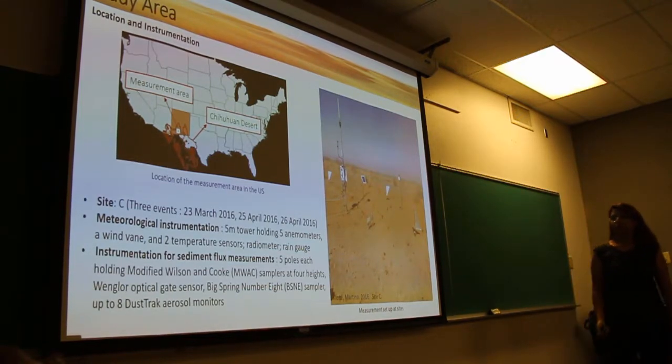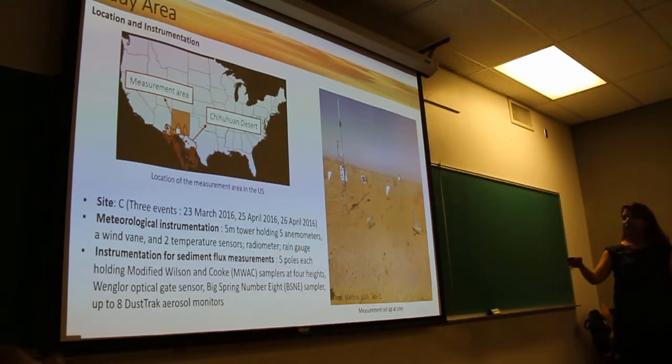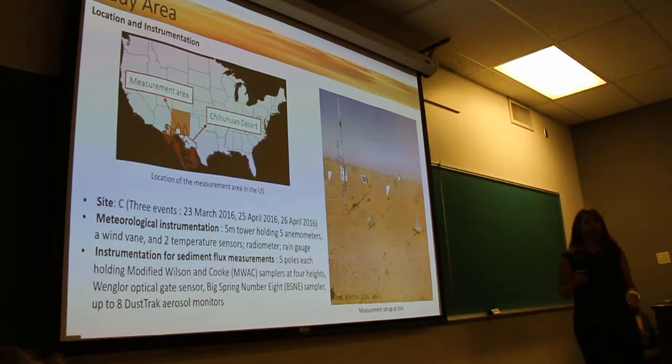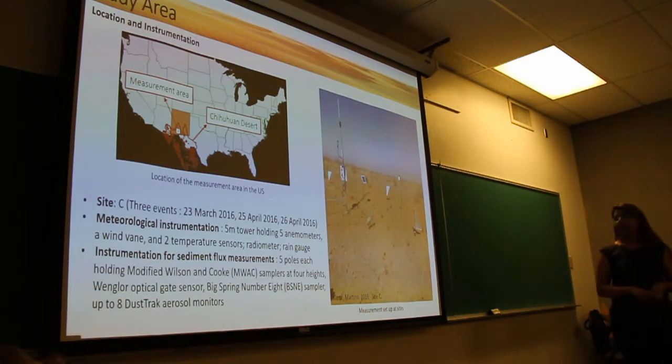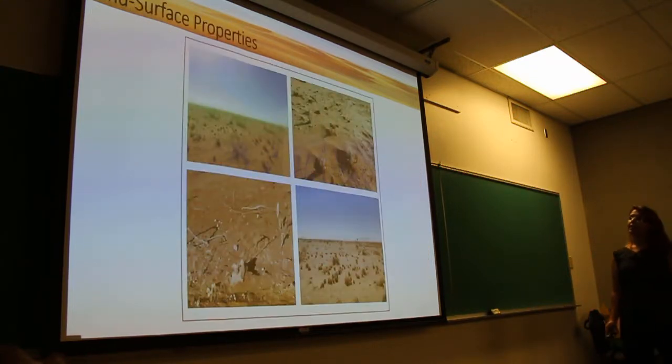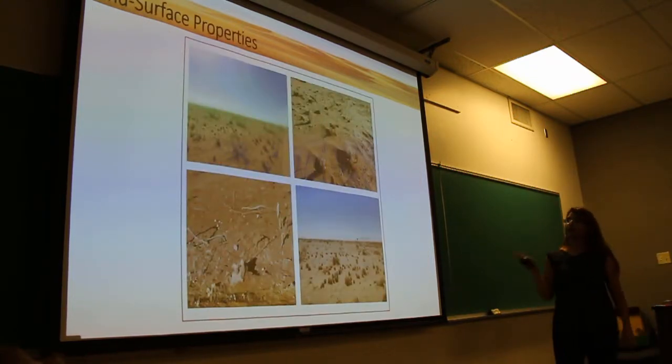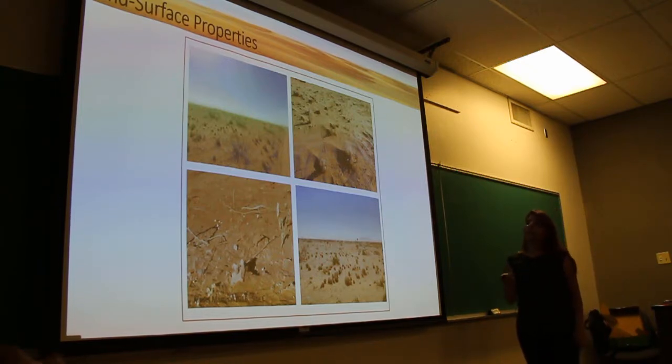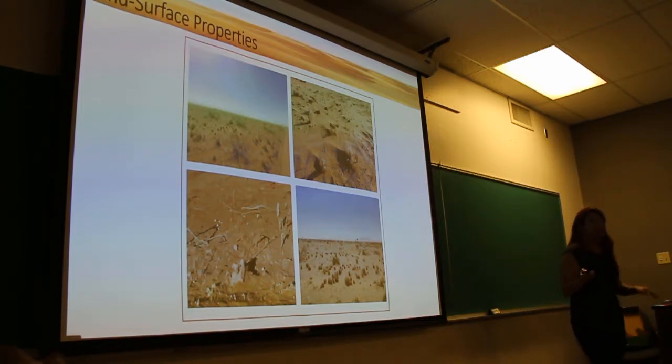We also had instrumentation for sediment flux measurements like the Sensit, the CSAT, BSNEs, and some other samplers. Here you can see some pictures of the study area. You can see that our area is partly crusted.